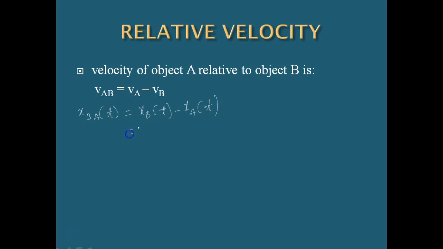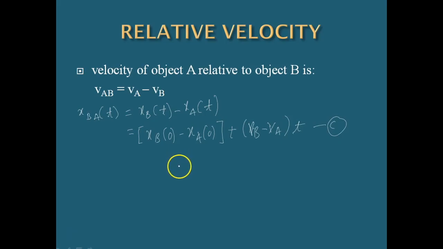So substituting that, we get xb of 0 minus xa of 0 plus vb minus va of t.